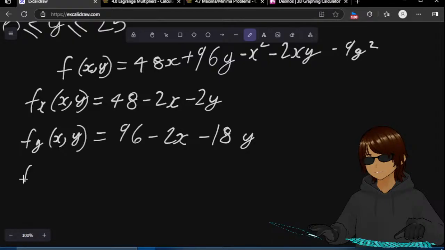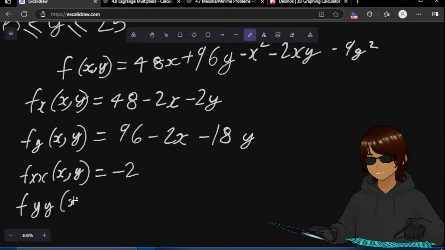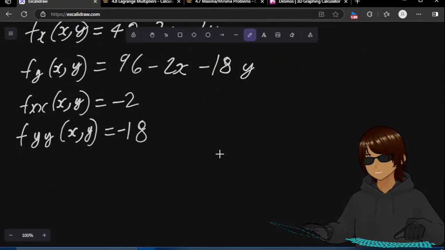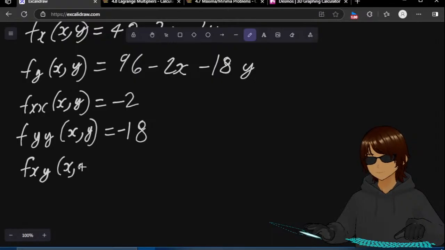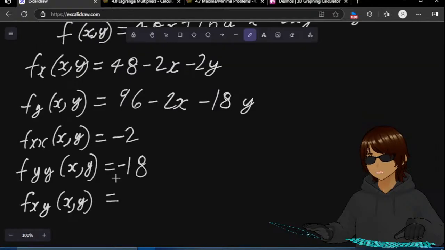And then xx, this is 0, this is minus 2. Yy is minus 18. Then xy is minus 2, right?